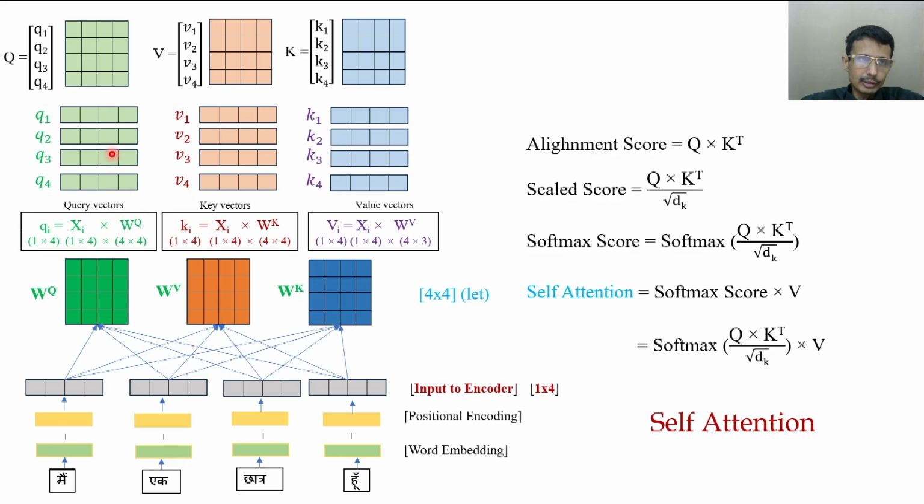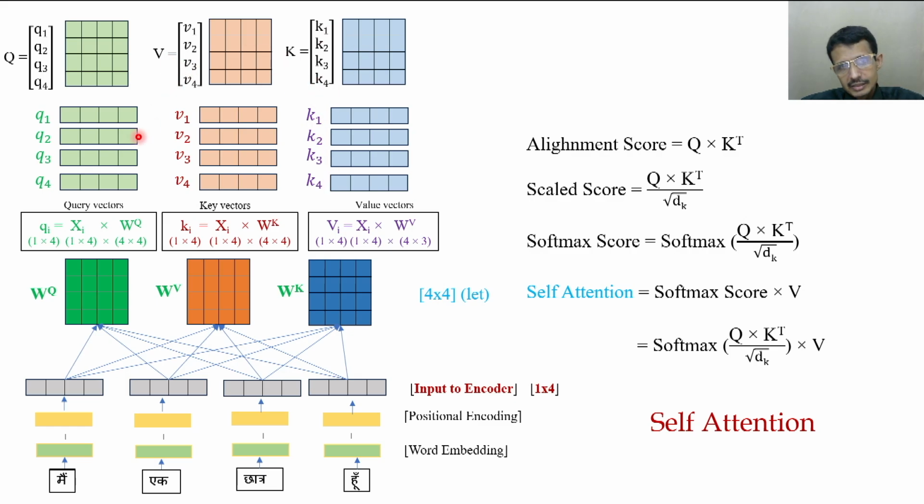If we concatenate them, we get a 4 by 4 matrix, the Q matrix. Similarly for the value parameter matrix, when you multiply it with x, we get the value vectors, and if we join them, we get a V matrix. And similarly for the K matrix.